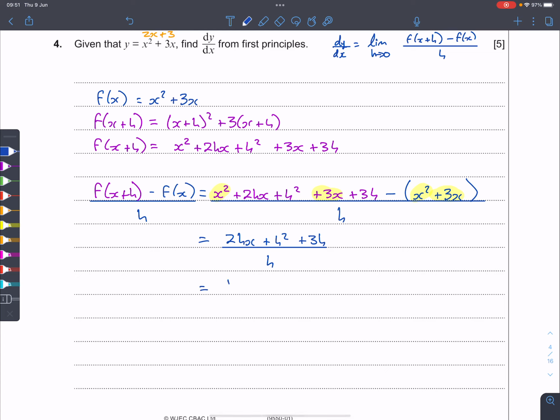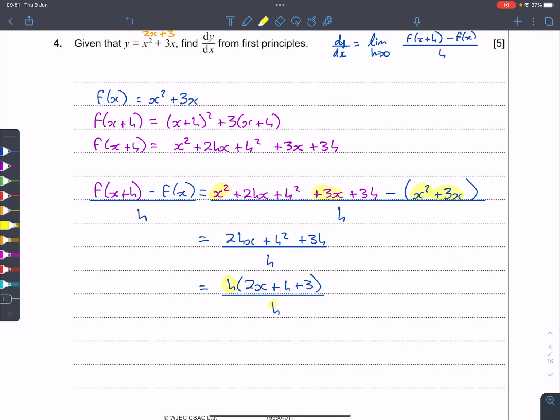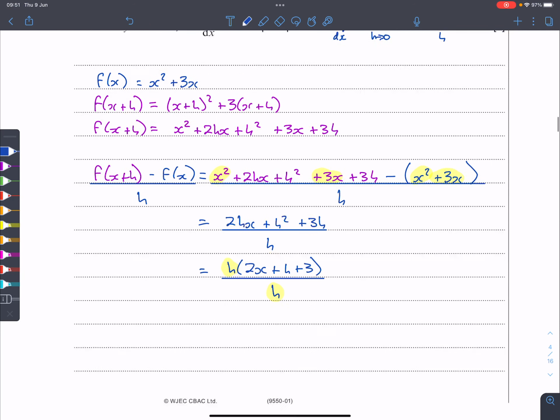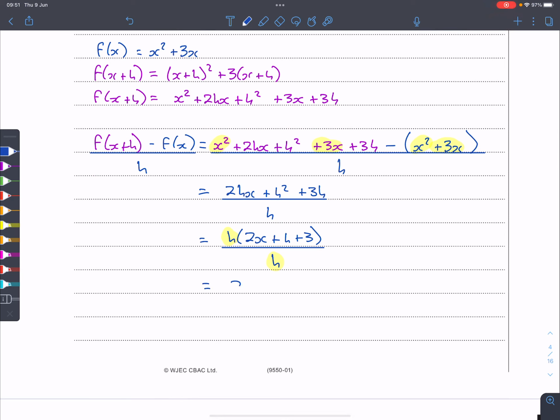Now the numerator has h as a factor. So we get h times 2x plus h plus 3 over h. And then a factor of h on the top will cancel with a factor of h on the bottom, leaving me with 2x plus h plus 3. And there's nothing I can do to simplify that.